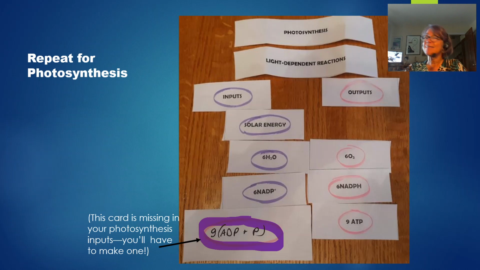My hydrogen taxis in photosynthesis are NADP. That always pairs. I should have a match with how much NADPH I have, because this is the same molecule, but it's picked up a hydrogen from the water and carried it to the Calvin cycle to drop off that hydrogen on our carbon dioxide molecule when we reduce the carbon dioxide.